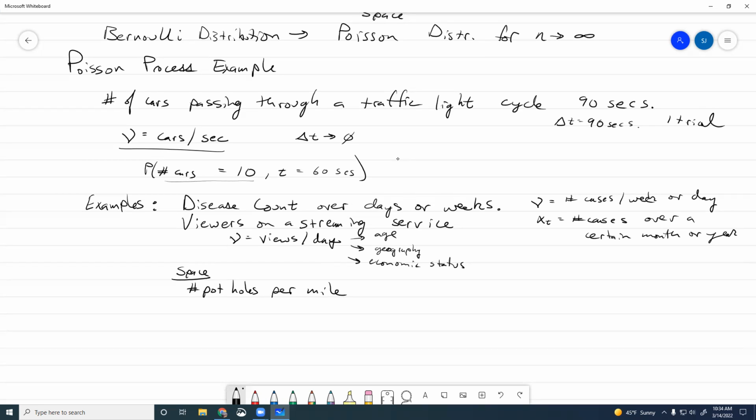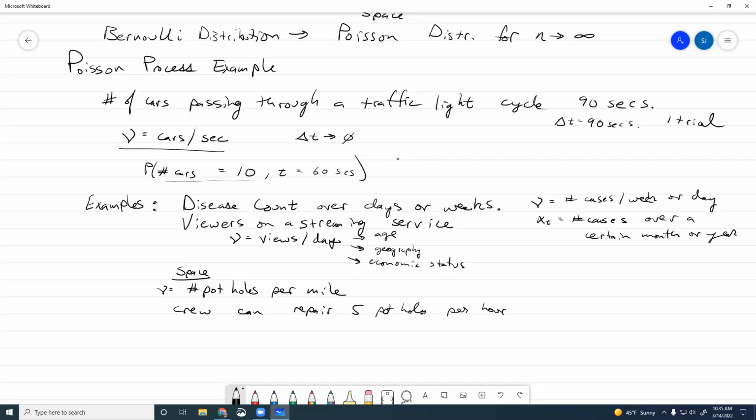So this would be our rate parameter: our crew can repair, let's say, five potholes per hour. So you could then use the Poisson process and Poisson distribution to figure out, if I've got 10 miles of roads that I need to investigate, how many potholes do I expect over those 10 miles?